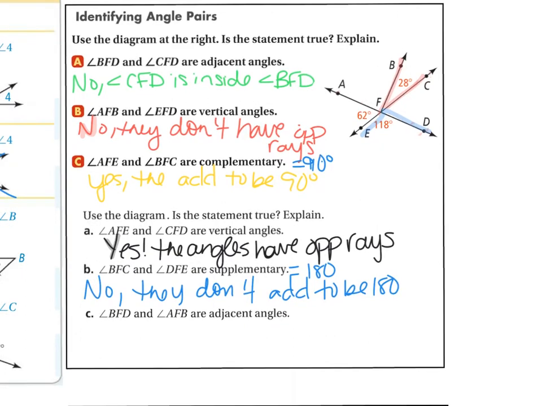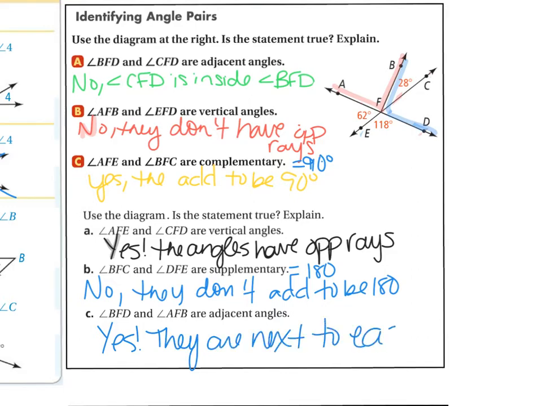Last one, BFD and AFB. Are they adjacent angles? And the reason yes, they are, is because they are next to each other. Got it. Okay, let's move on.